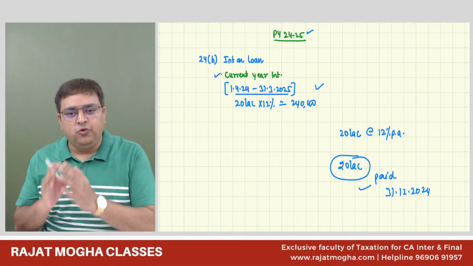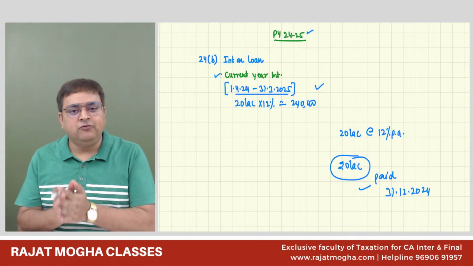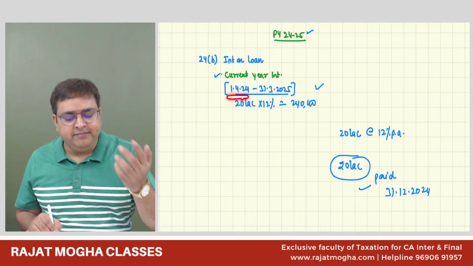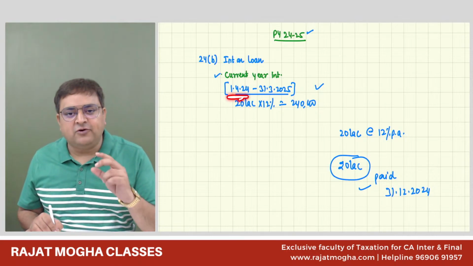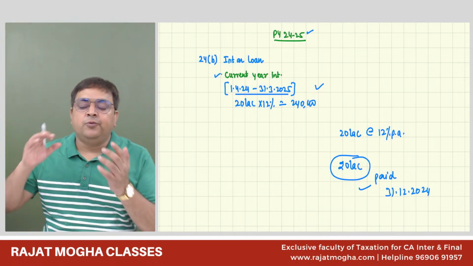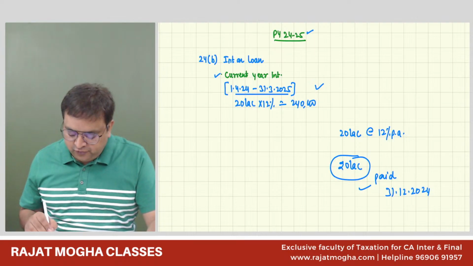So was the loan outstanding for the entire year? The answer is no. April it was outstanding, May it was outstanding, till December it was outstanding. So the loan was outstanding only for 9 months in this year. So what is the current year interest which we have to pay to the bank? It is not for 12 months.